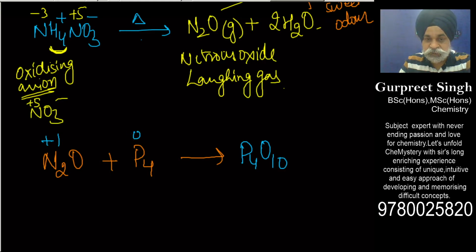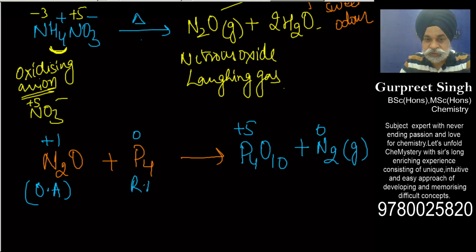Basically, the phosphorus goes from 0 to +5, so the phosphorus has been oxidized, and this produces nitrogen gas. So this is also very interesting. In a way, I may say nitrous oxide is acting as an oxidizing agent, and P4 is acting as a reducing agent.